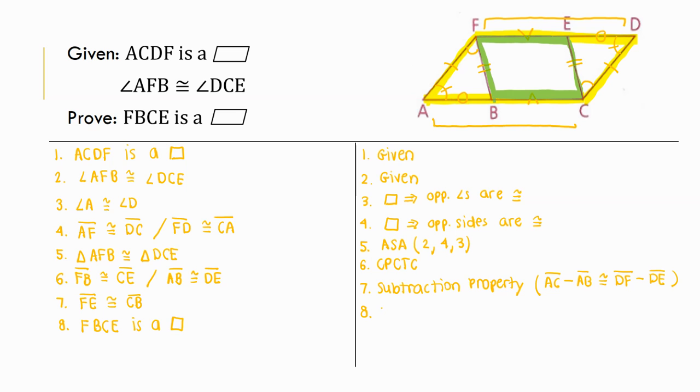So remember, if both pairs of opposite sides are congruent, that gives us a parallelogram. And there is our proof. So quite a bit of information going on there. Just got to take it step by step. Marking up your picture is the best bet.